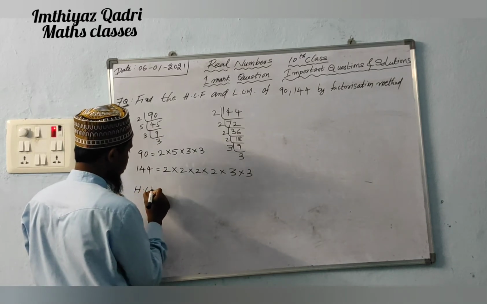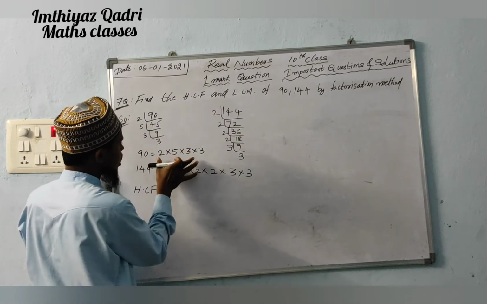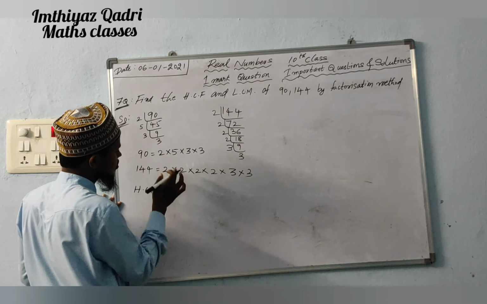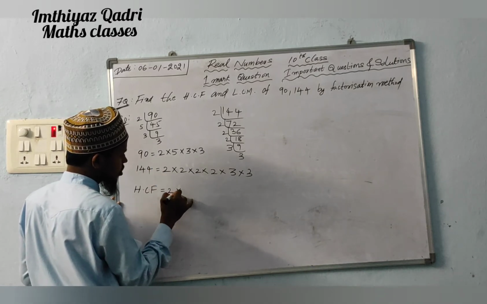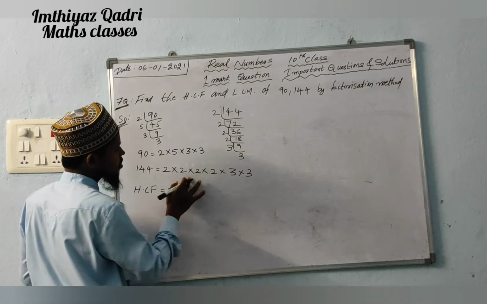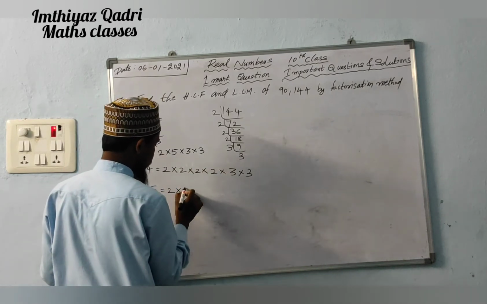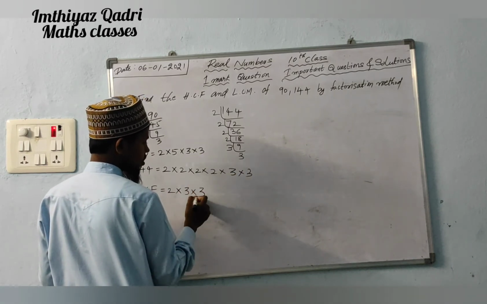Finding the HCF. HCF means common factors. Common factors of 90 and 144: 2, take 1; there is no 5; and 3, 3, take 1.